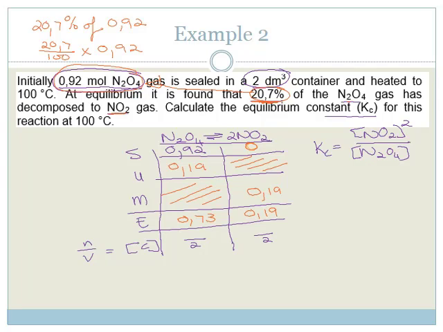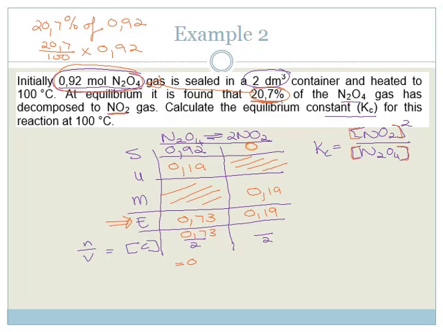Right, so then we need to do what? We haven't finished because we need the Kc, and Kc uses concentrations. So in order to do that, we need to divide our moles at equilibrium by 2 to get our concentrations. So we've got 0.73 divided by 2, which is going to give us 0.365. Now remember, we always use 2 decimal places.